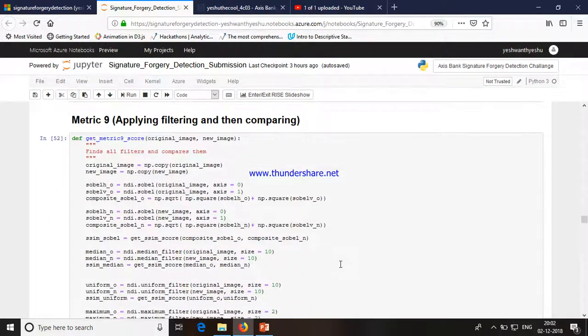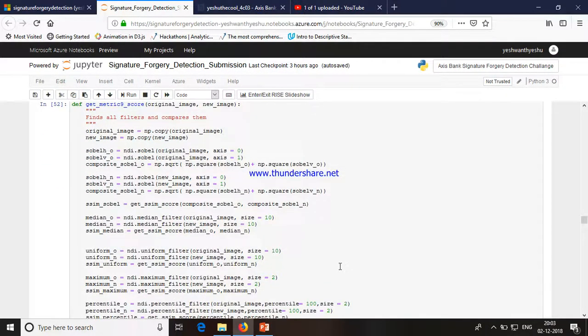At metric 9, we apply many filters, especially the Sobel filter, which typically captures all the differences in the edges or lines, whether shaky lines or differences in some edges, even very minute fractions.